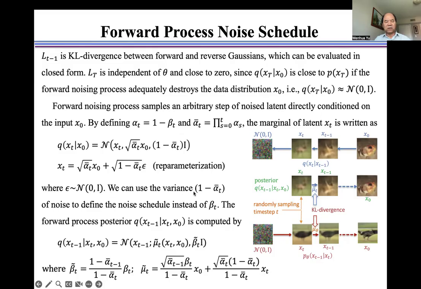We can use the variance 1 minus alpha t bar of noise to define the noise schedule, that is, beta t. The forward process posterior Q is computed by using this formulation, where beta t tilde and mu t tilde are explained here and in this figure.